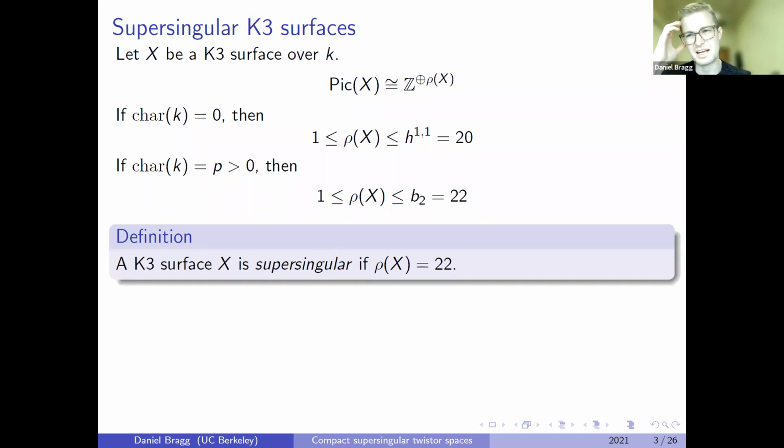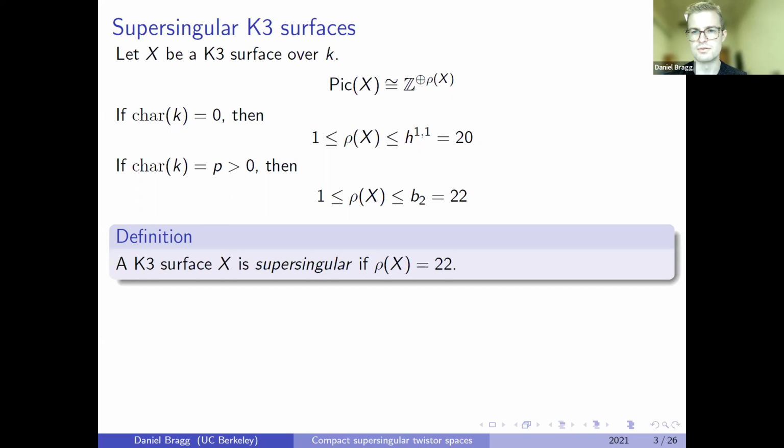My understanding of the terminology is that it's supersingular in the sense that it's even more interesting, or even more symmetric, than it's possible to be in characteristic 0. This is probably the most elementary, quickest way to define a supersingular K3 surface.